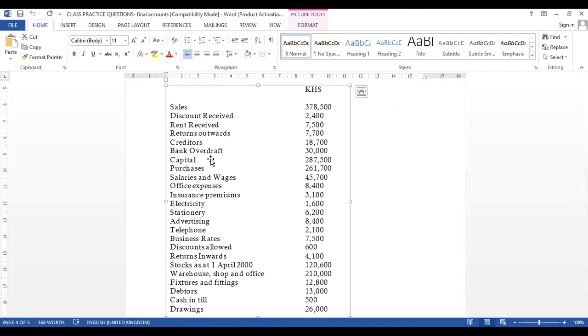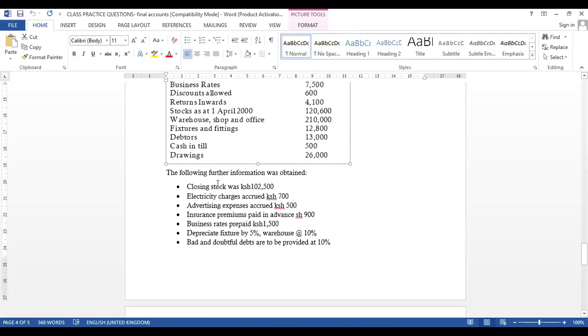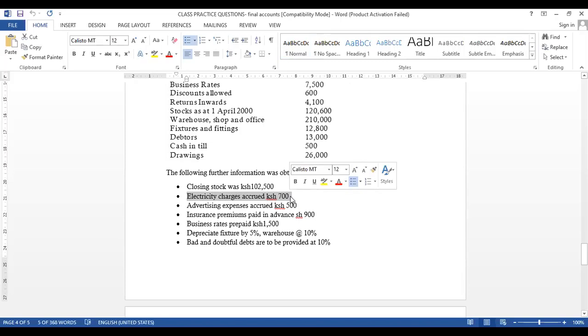And therefore, what is expected of us is to read each and every additional information and establish how it affects both the trading profit and loss account and the balance sheet.